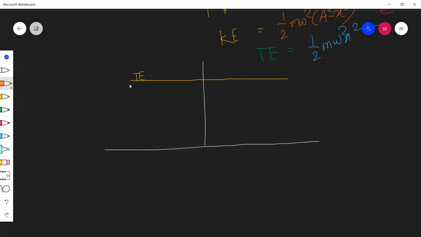And talking about the potential energy, it will be zero at mean position and maximum at extreme positions. This is minus a and this is plus a.